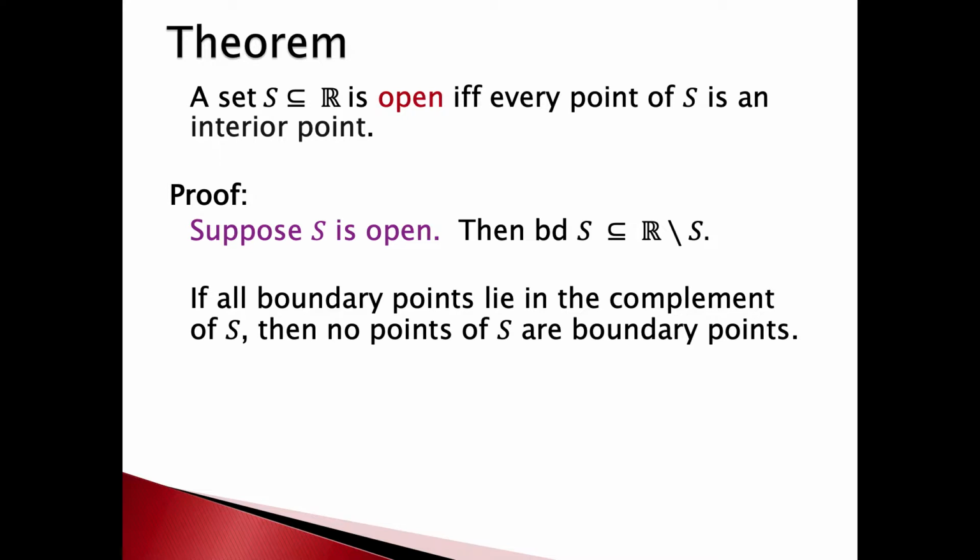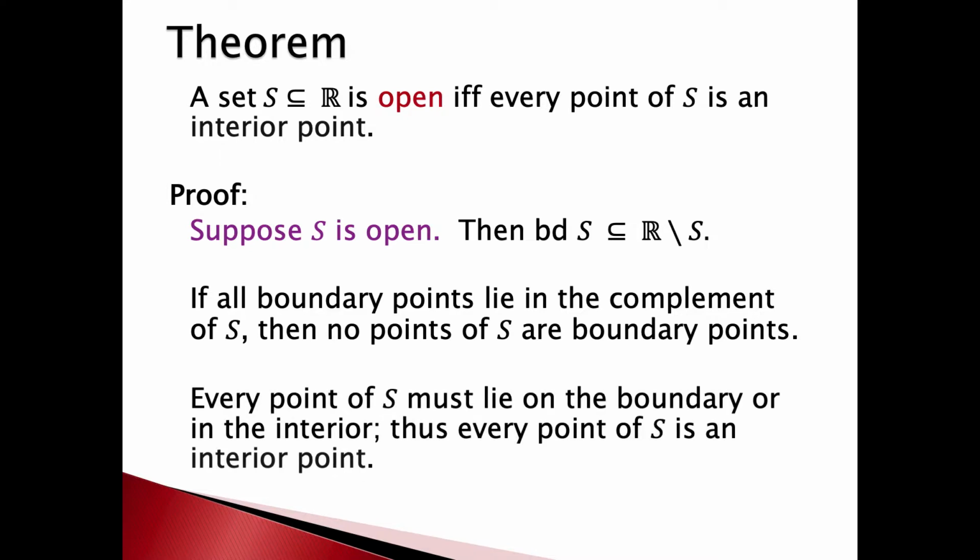Every point in S is not a boundary point, because all the boundaries are in the complement. So we can use the fact that every point has to be either a boundary point or an interior point. Remember, there is a dichotomy there. If you're a point in S, you're either in the interior or you're on the boundary. That's the only way it works.